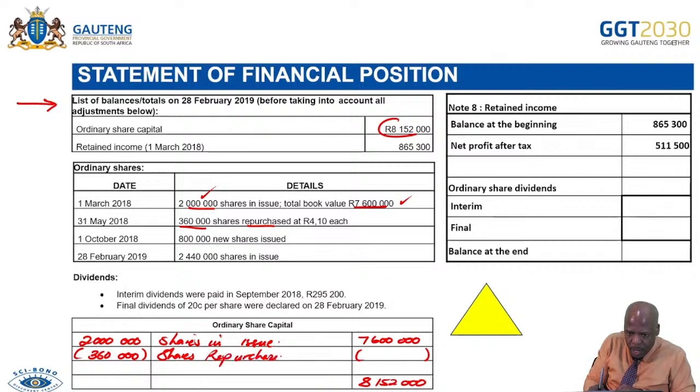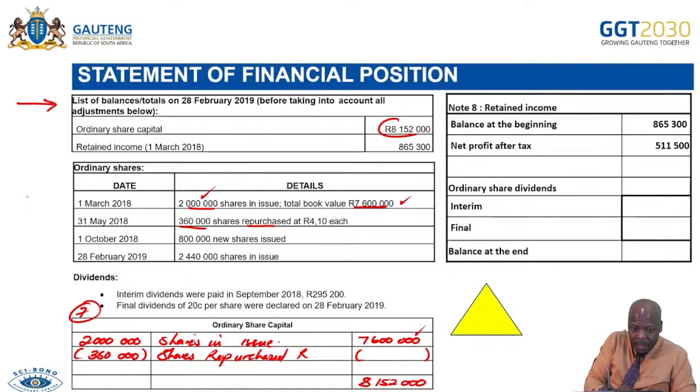We know that once shares are repurchased, we must record the average price in our note number 7. All right, we must record the average price, but we don't have the average price here. Can we calculate it? Certainly we can. How do we do that?